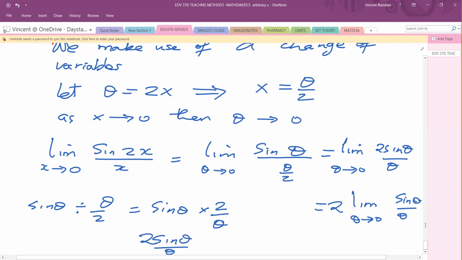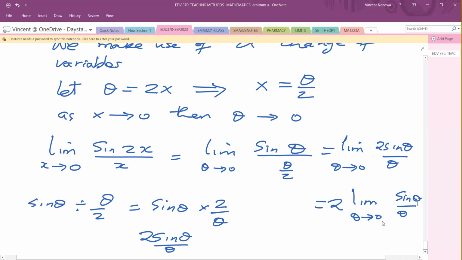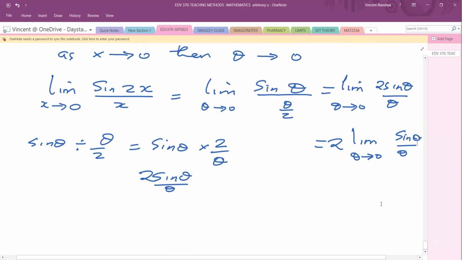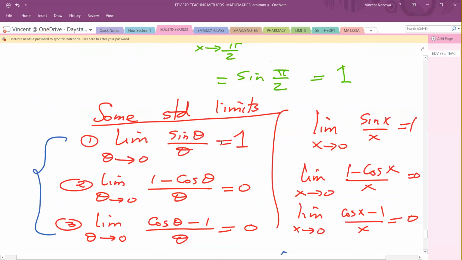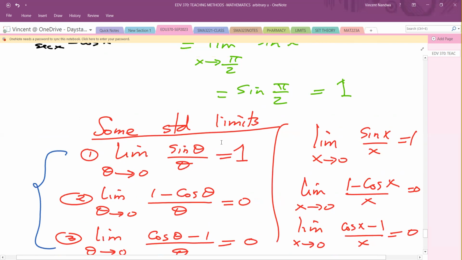Now what will that limit be? What will be the value of the limit as theta approaches 0 of sine theta over theta? I've told you that these are standard limits.